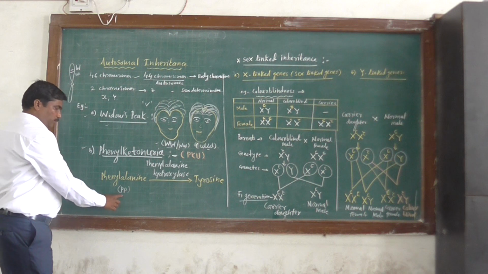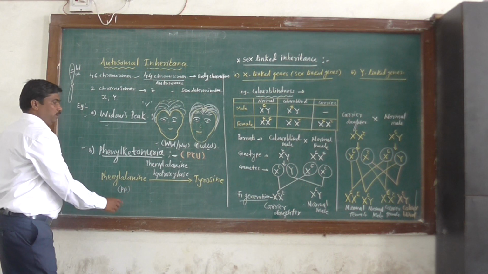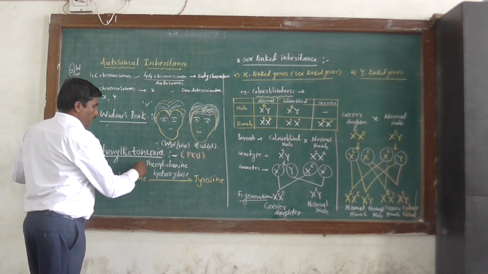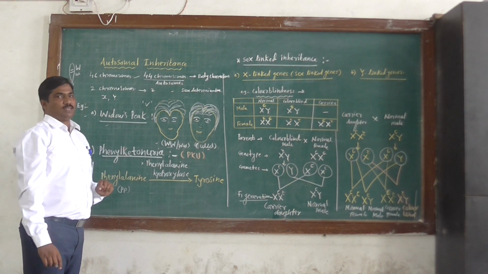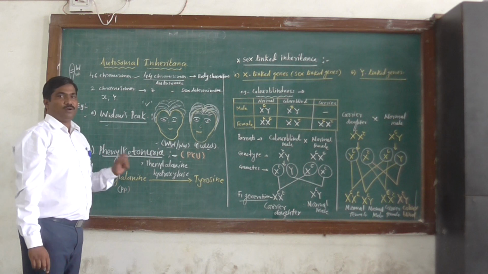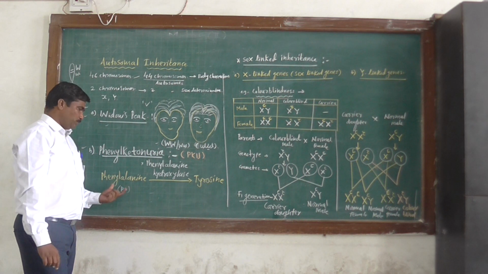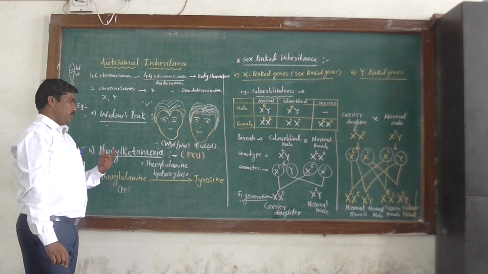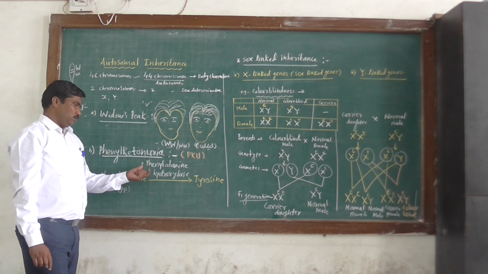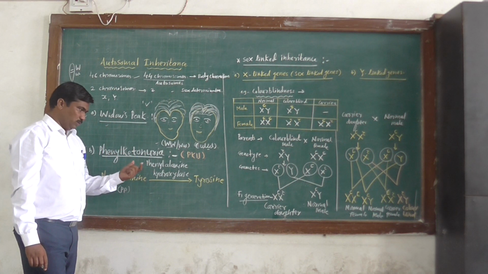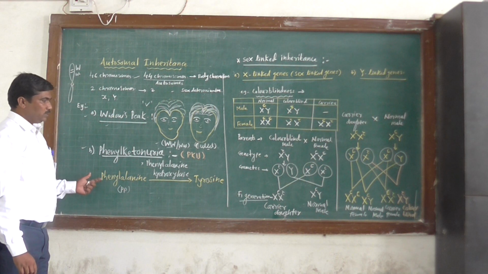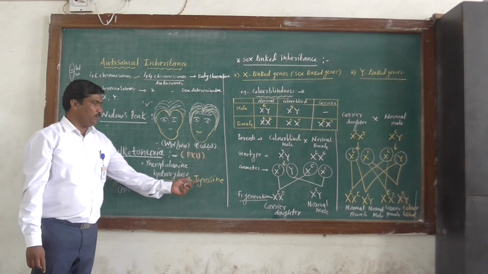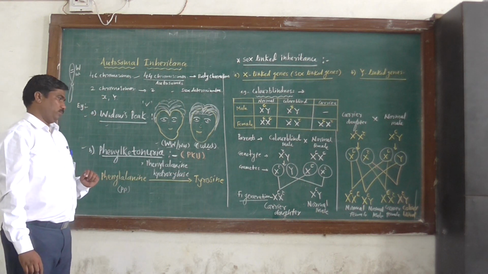Due to the presence of this allele, the phenylalanine hydroxylase enzyme is not synthesized in the human body. Due to the absence of this phenylalanine hydroxylase enzyme, phenylalanine is never converted into tyrosine.